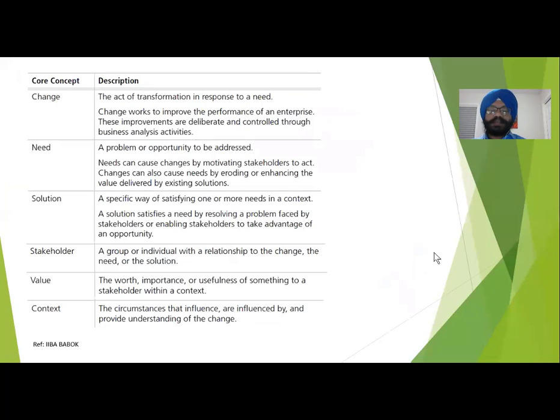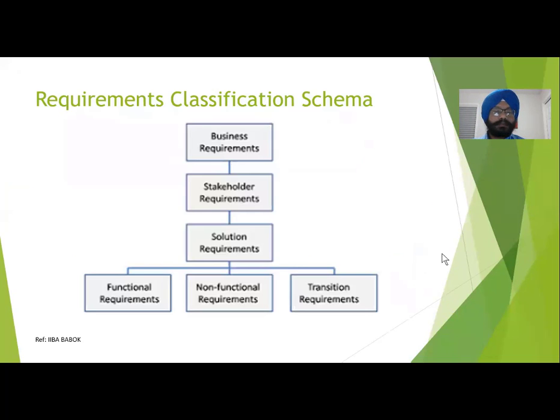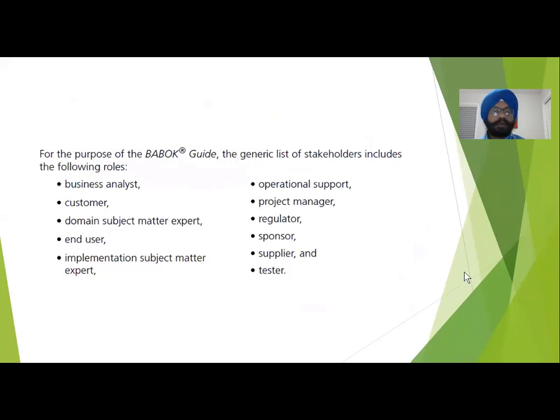So I have got some examples here. Look at this one. This is what BABOK provides, not defines, but they have provided a generic list of the stakeholders. All these people listed down here, I'm not going to read all these names, can be known as stakeholders. And look at this business analyst.